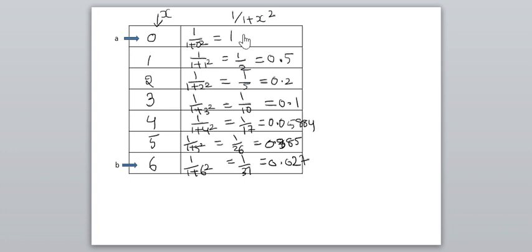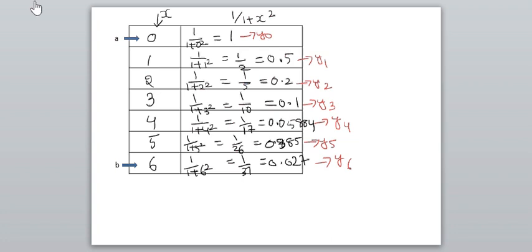So this is y0, which is 1, y1, which is 0.5, and y2, which is 0.2, y3 is 0.1, and y4 is 0.0588, y5 is 0.0385, and y6 is 0.027.